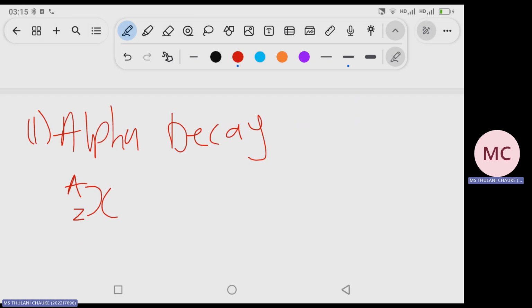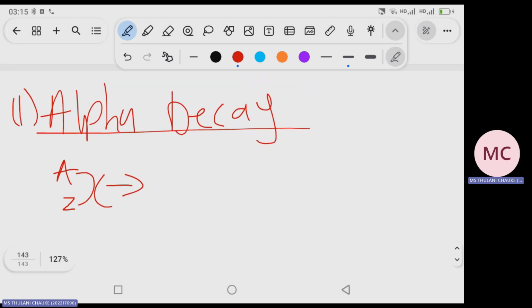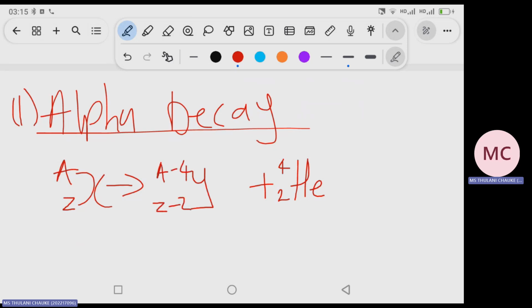If any particle goes under alpha decay, a new element will be formed, and a helium atom will be released always. So this will always be the case. The mass number will decrease by 4, and the proton number will decrease by 2.